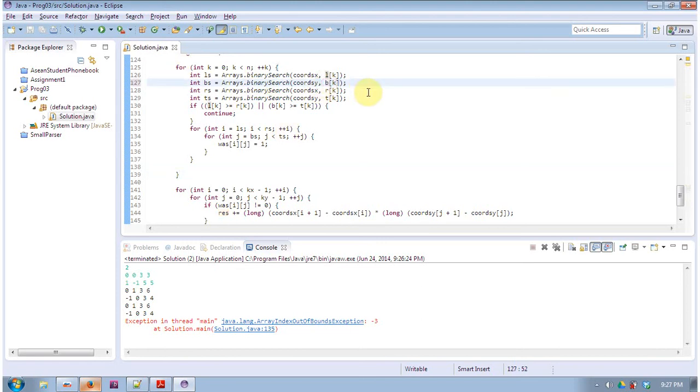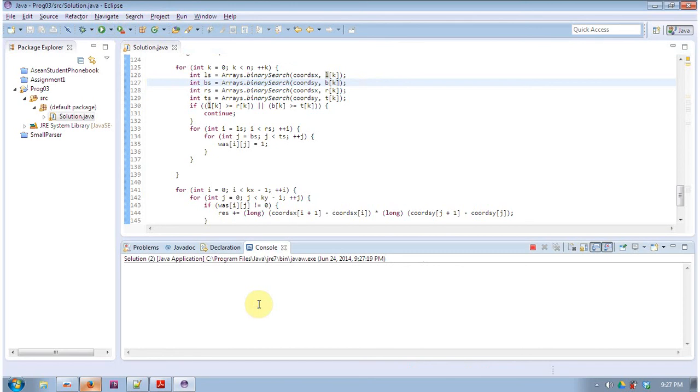Okay, should be B. Okay, hope this works. 3, negative 1, 5. Okay, so it's 28.